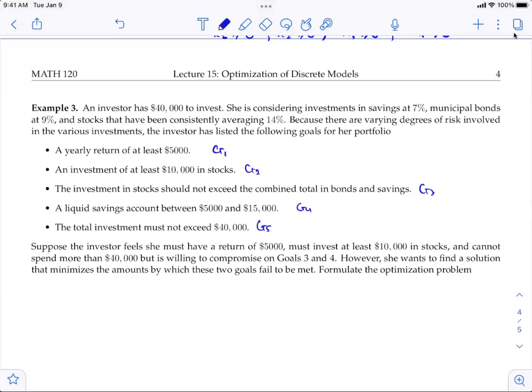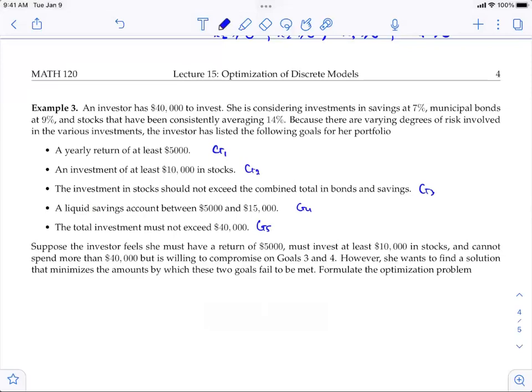So that's the 3 goals that she said that she must have. Now, goal 3 and goal 4, she said that, okay, I can compromise that, but can we actually minimize the amount by which these 2 goals fail to be met? So that is the requirement from our investor or our customer for that matter.